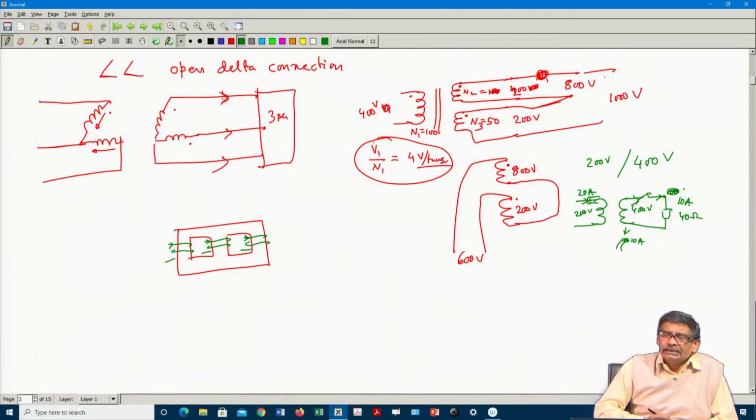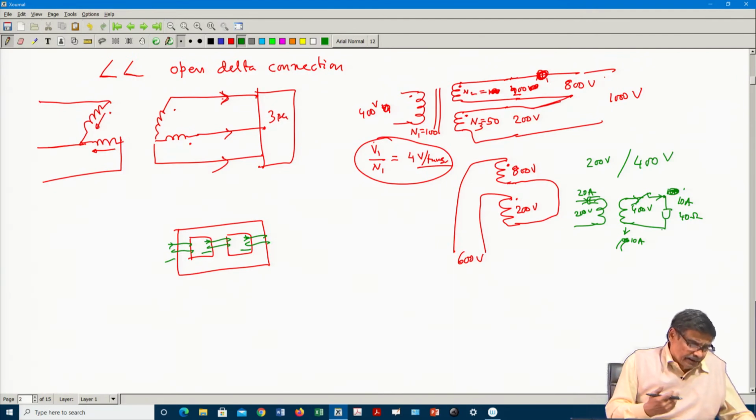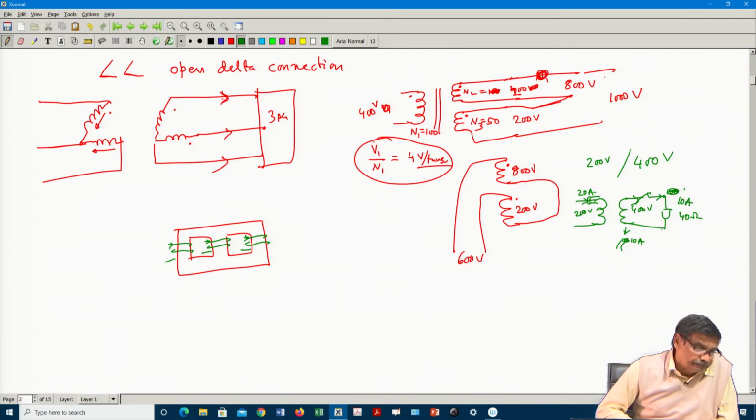That is why you do not allow a lot of variation in the secondary voltages of two transformers and connect them in parallel. Very little voltage variation is allowed. Anyway, this can be discussed along. Achha.